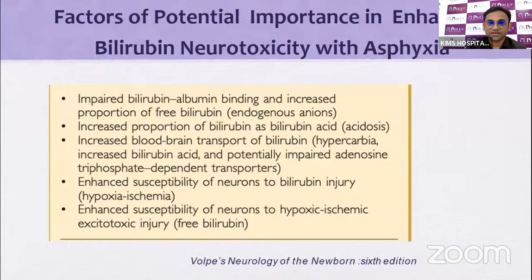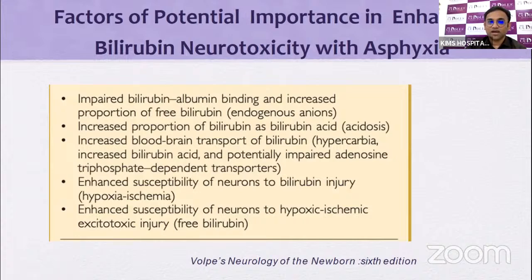So in the case of asphyxia, the chance of bilirubin neurotoxicity is high because of the acidosis and the development of endogenous anions like free fatty acids, which can lead to impaired binding of bilirubin with the albumin, and there is a higher proportion of free bilirubin.